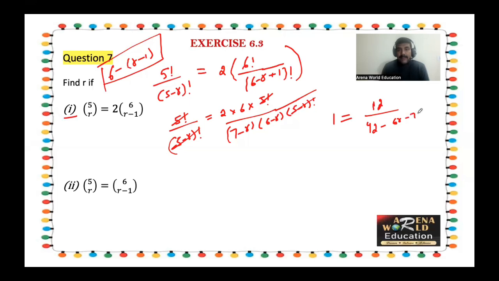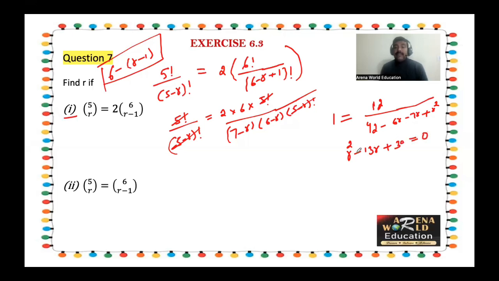Minus 7r and plus r square, right? So finally we are having r square minus 13r plus 42 minus 12. So this will be plus 30.